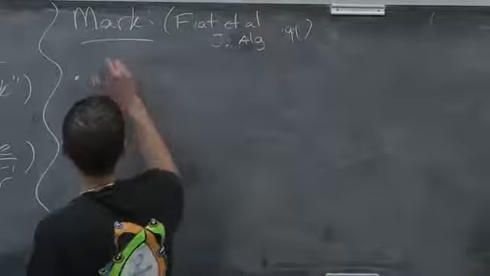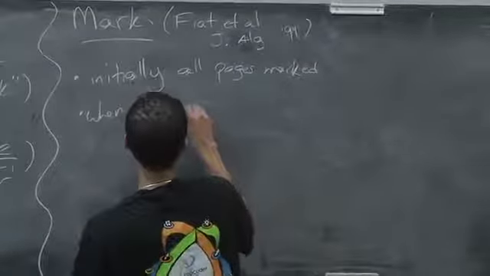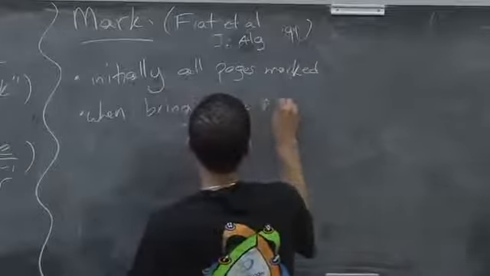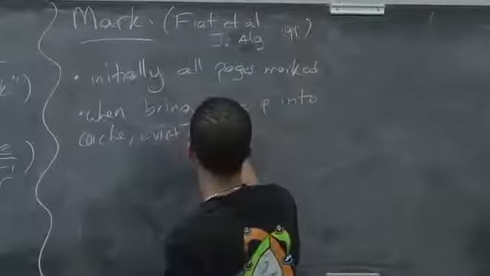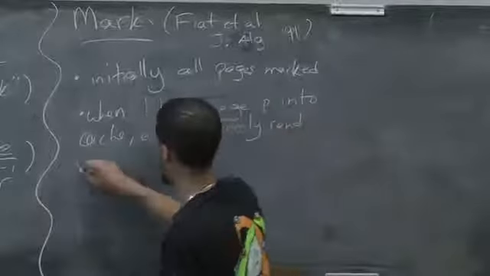Okay, so initially, all pages are marked. When we bring page P into cache, we're going to evict a uniformly random unmarked page.